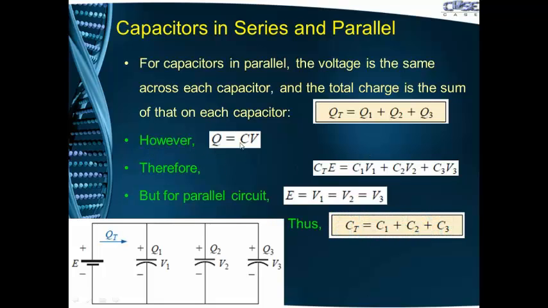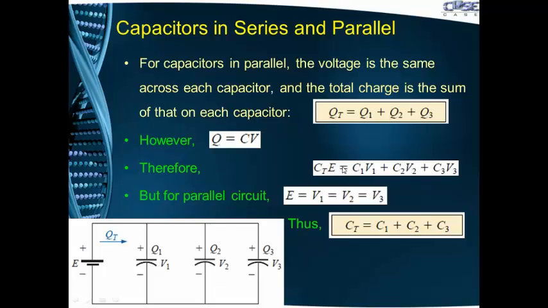However, Q is equal to CV, so we can write Ct into E equal to C1 into V1 plus C2 V2 plus C3 V3. But for parallel, we know that the voltage across each component is equal to the applied voltage.